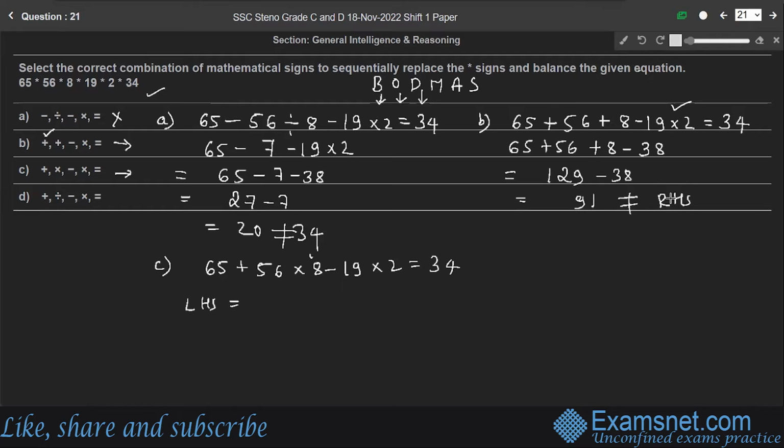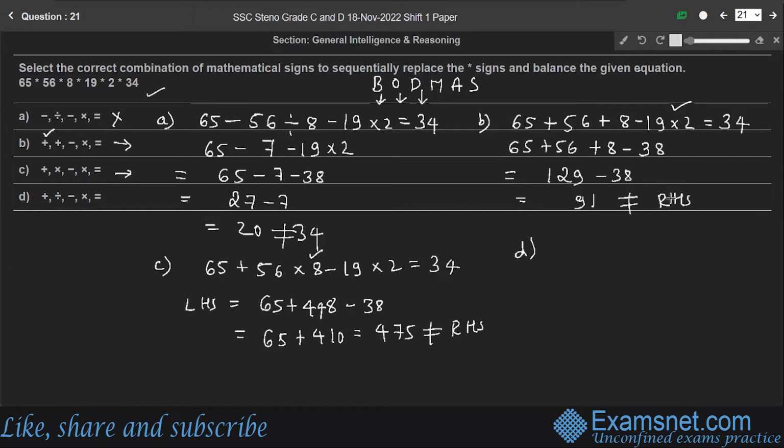Directly go for multiplication: 56 into 8 is 448, and 19 into 2 is 38. Therefore 65 plus 448 minus 38 is 475, which is not equal to the right hand side, 34.